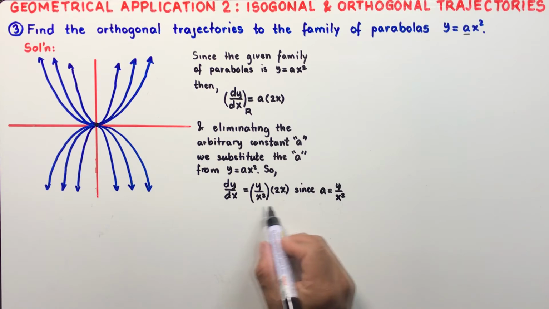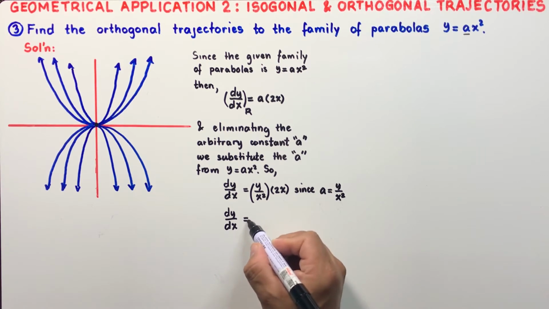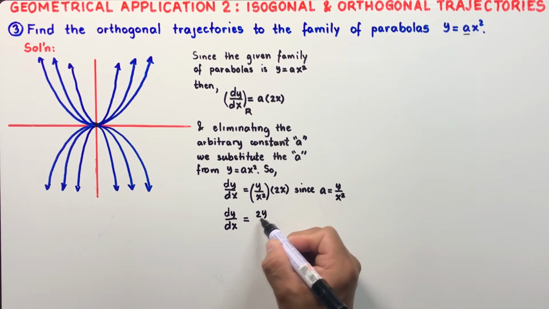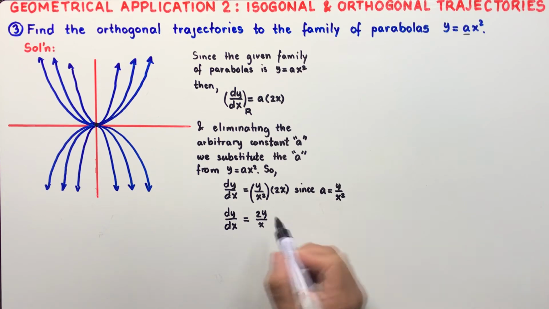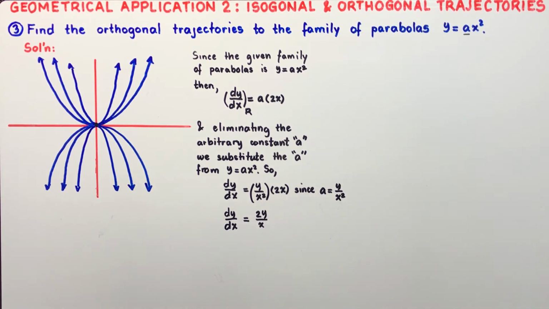Now, simplifying this equation, we have the derivative of y with respect to x is equal to 2y over x, because we cancel one of the x in this x squared to this x in the numerator.